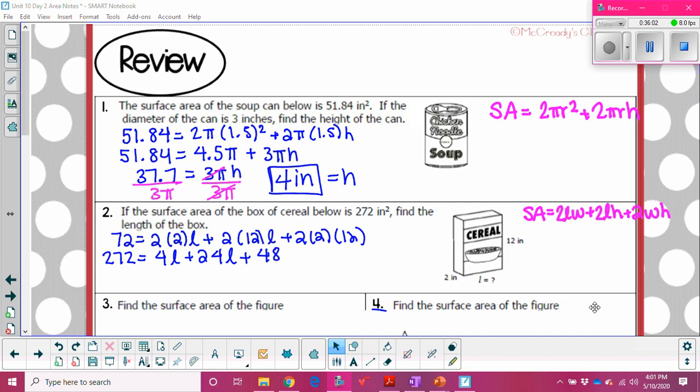So I get 224 equals, now 24L plus 4L is 28L. All right, now I have to divide both sides by 28. So I get the length is going to be 8 inches. Okay. All right, so pause the video and work number 3.